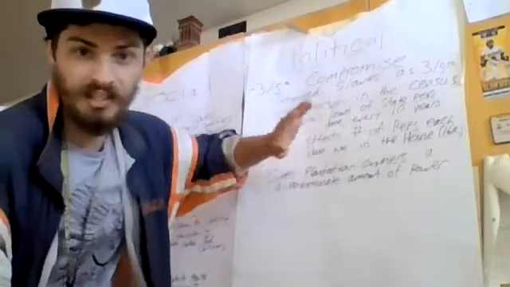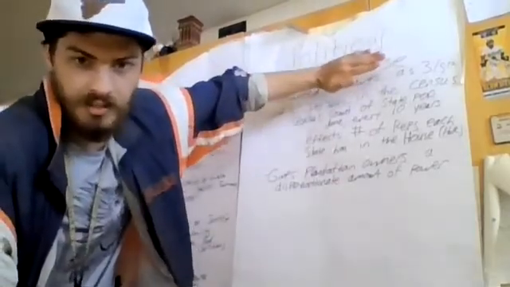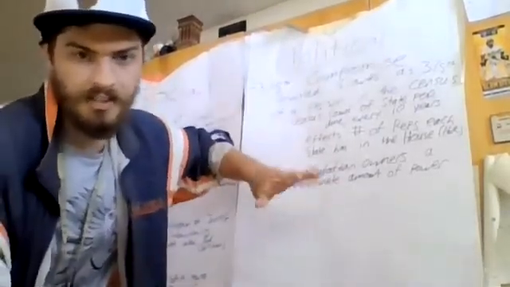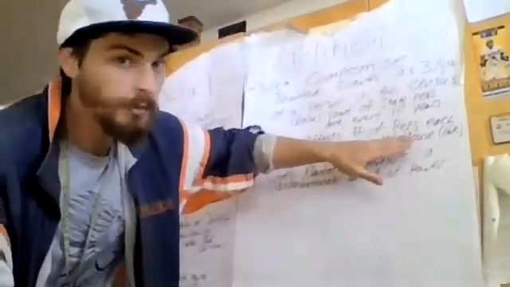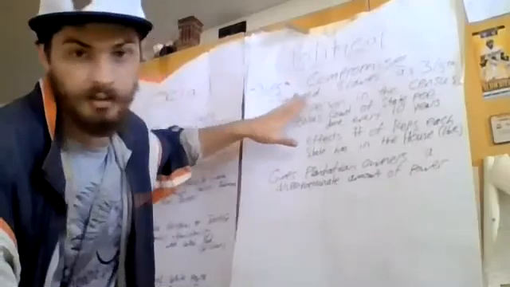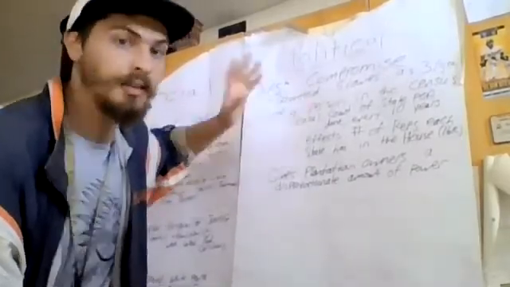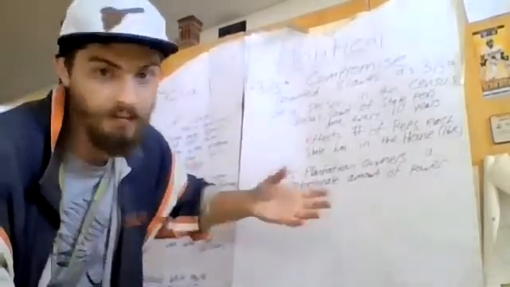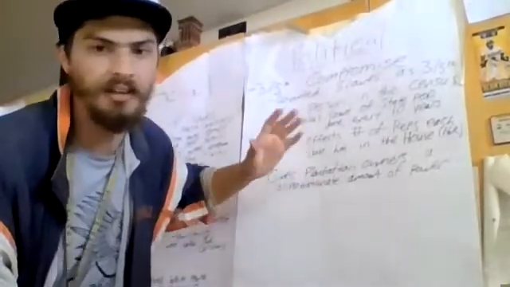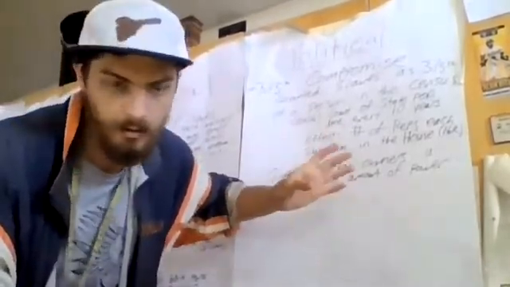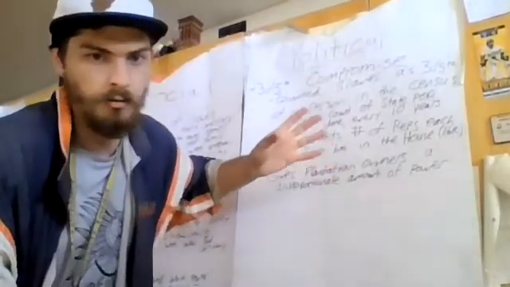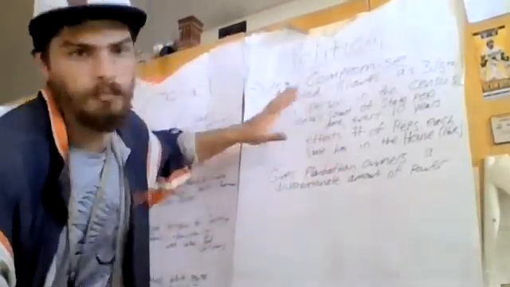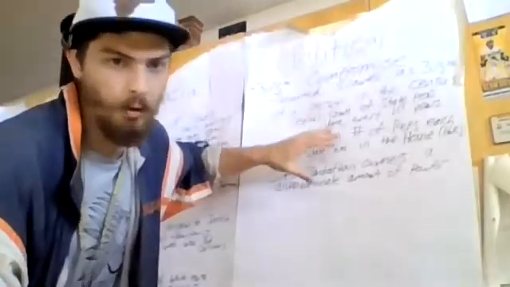If they didn't count slaves on the census, then South Carolina has like 5 seats in the House of Representatives. But because they're counting 3/5 of slaves in the census, now South Carolina, instead of 5 representatives, has like 9 or 10 representatives. So it gives the state more population, more power.